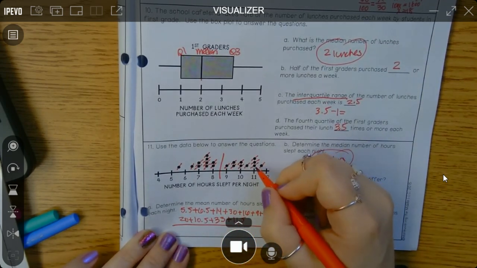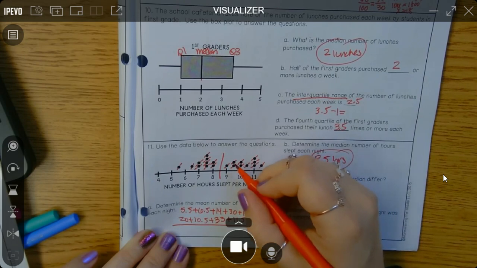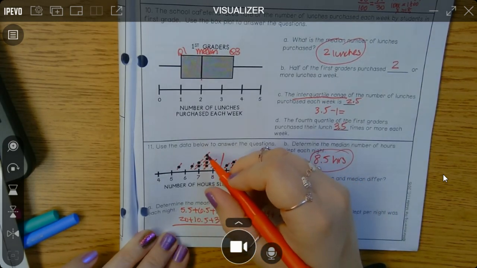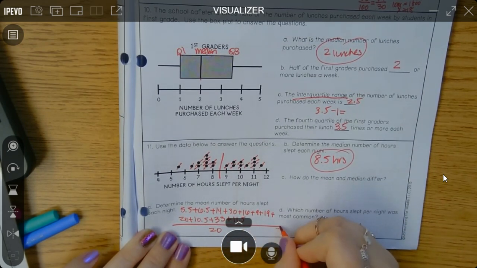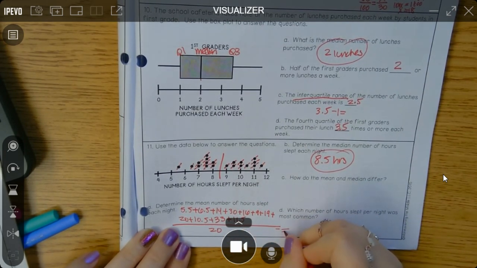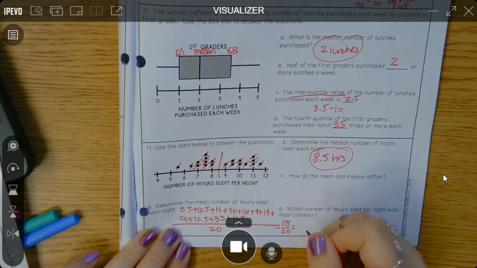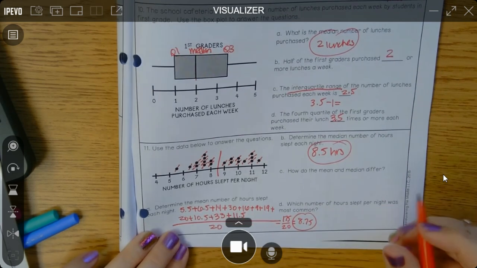There are 20 of those data values. When you add all those together, you should have gotten 175, and 175 divided by 20 is 8.75.